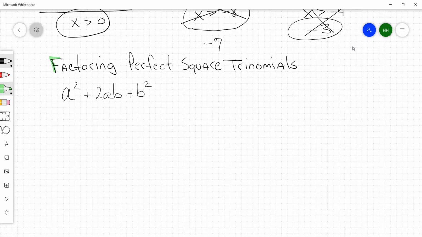Now, a perfect square trinomial that's in this format will get factored to a plus b squared. And let me show you what I mean by that.